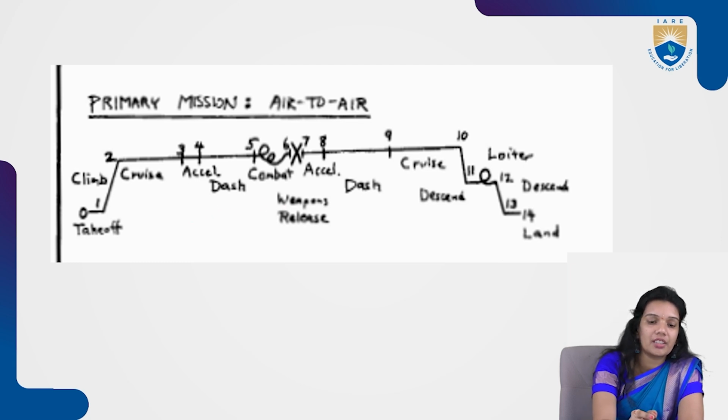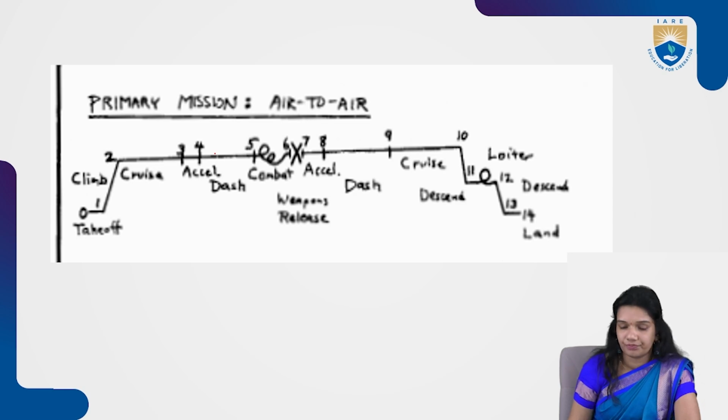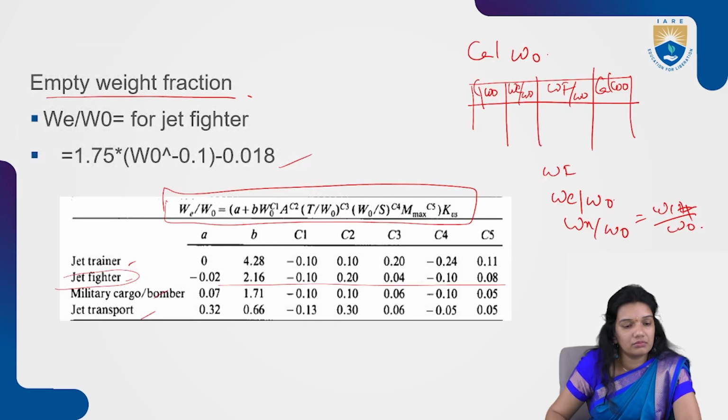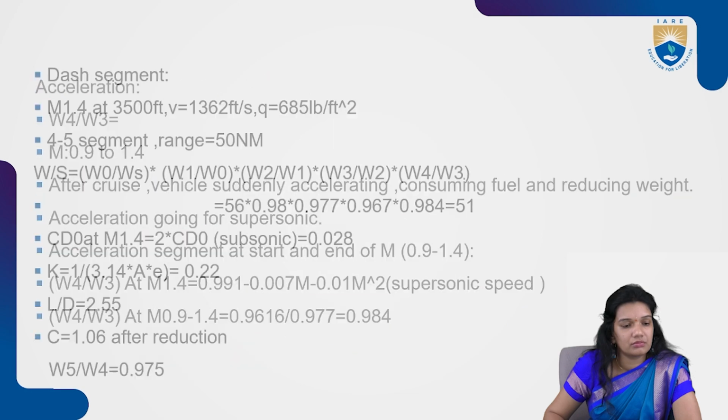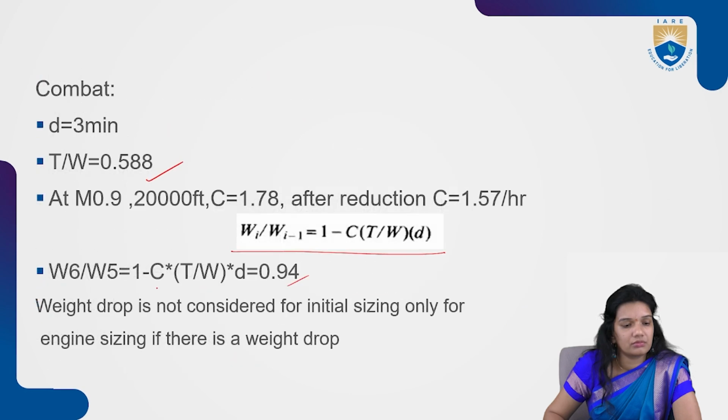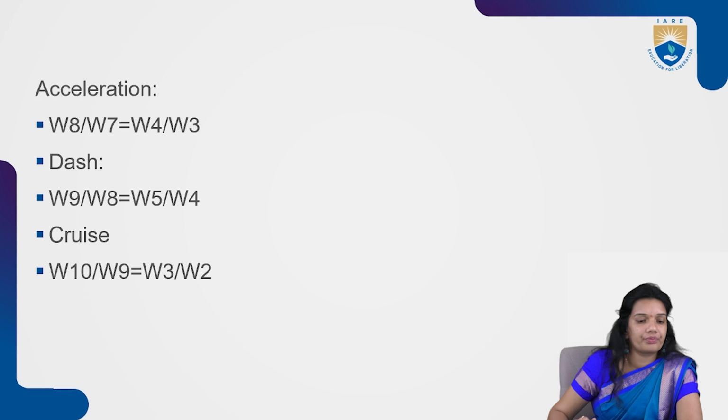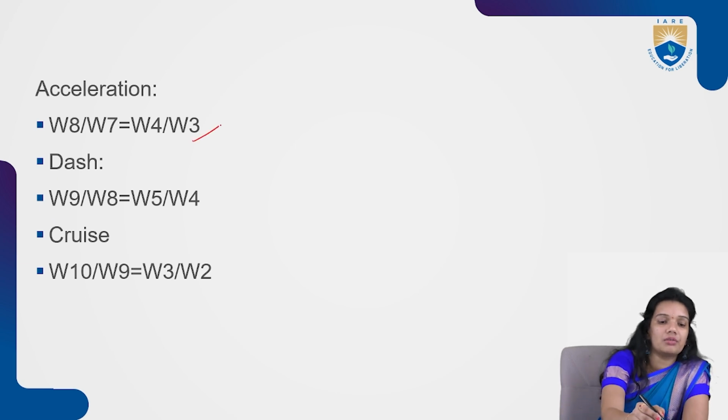Acceleration, right? So that acceleration is equal to 5 to 4. So that part of the segments are equal to this part of it. So acceleration is the same, dash is the same, the values are the same.